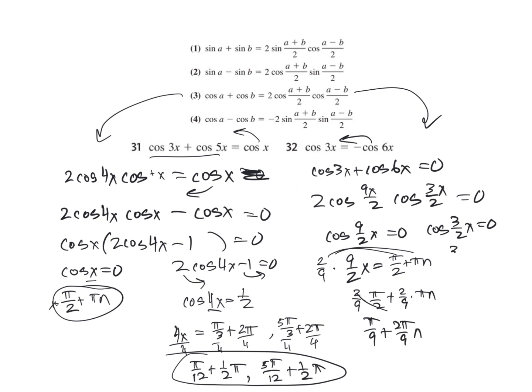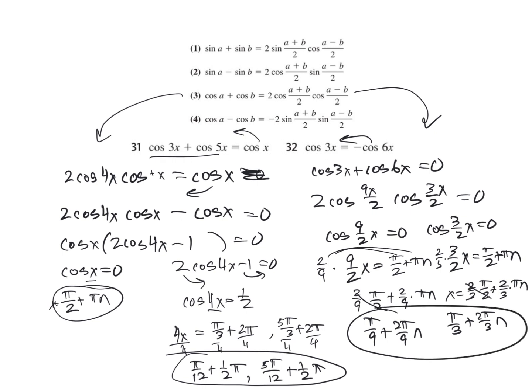Same thing on this one. Cosine equals 0 at pi over 2 plus pi n. So we're going to multiply everything by 2/3. So 2/3 times pi over 2 plus 2/3 times pi n. So we have pi over 3 plus 2 pi over 3 n. And those should be your answers for number 32.